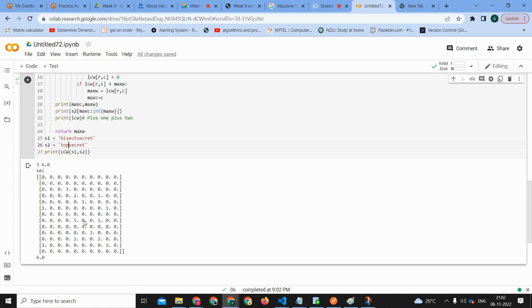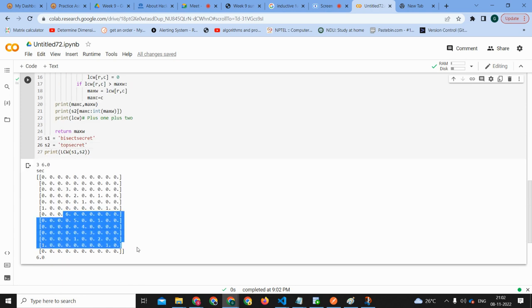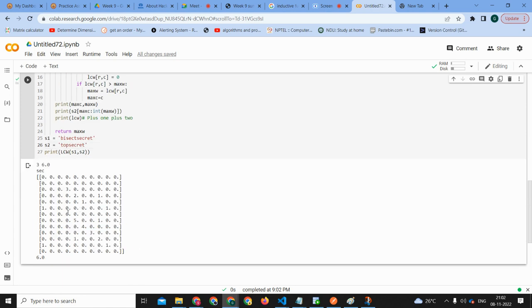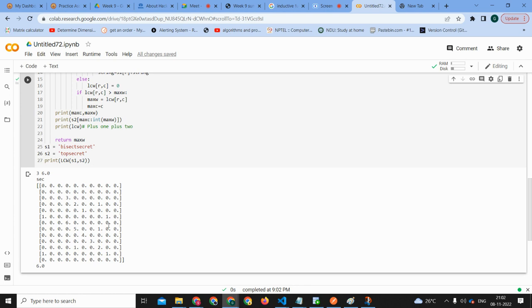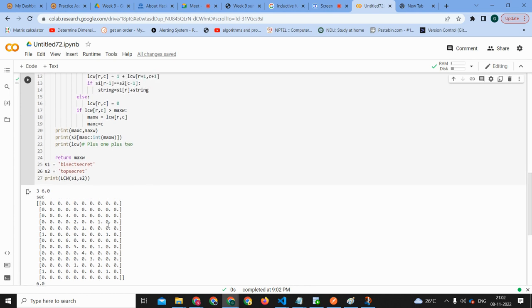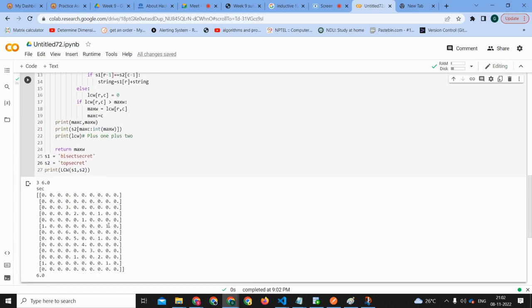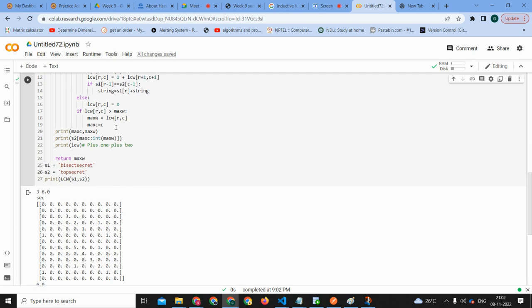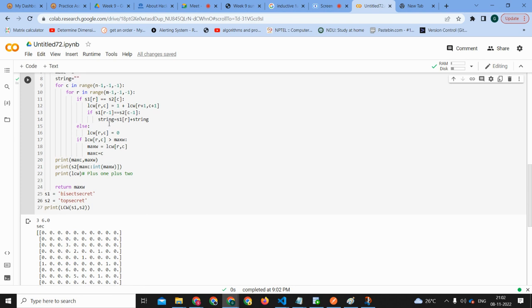Okay. So in this case, we have this, and we have the matrix like this. So probably if we get the index of the row maximum value in the matrix, then probably we can do something.